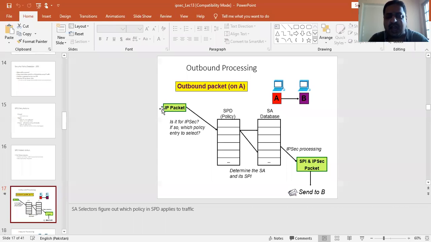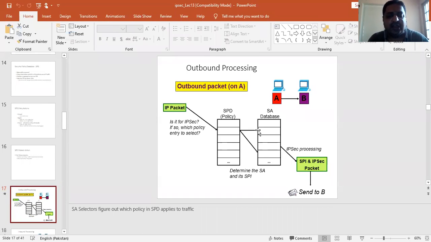This figure further explains the different policies. For example, there's an IP packet here, and there are different policies defined here, and these policies are connected to other information like the security association database, which contains information about the packet, such as a time limit for the particular packet, the authentication header, the encapsulation header, or some other information.